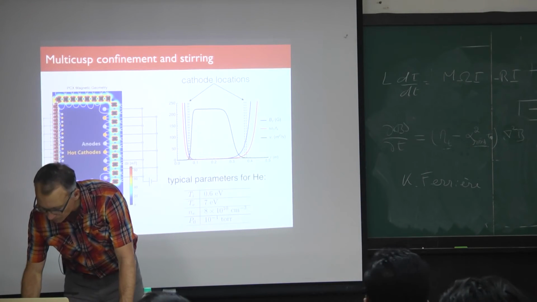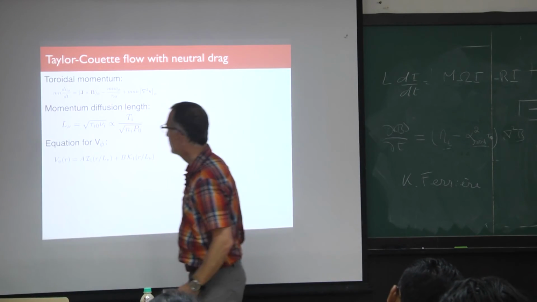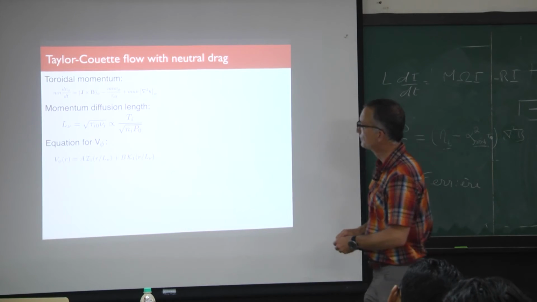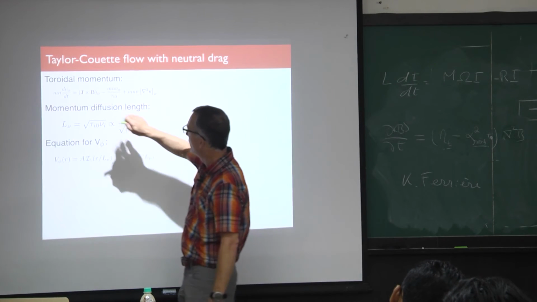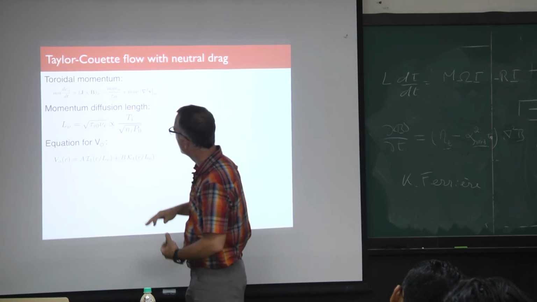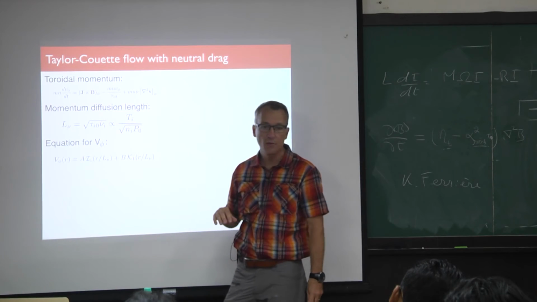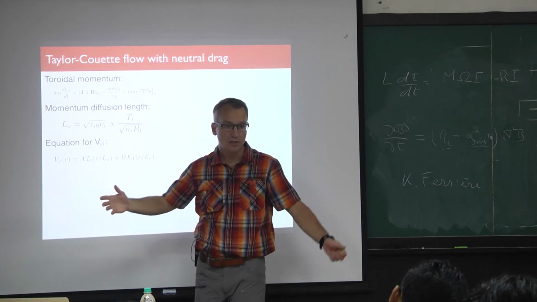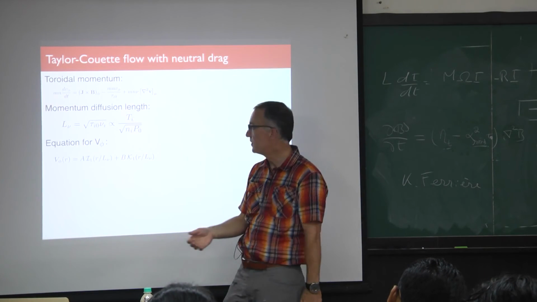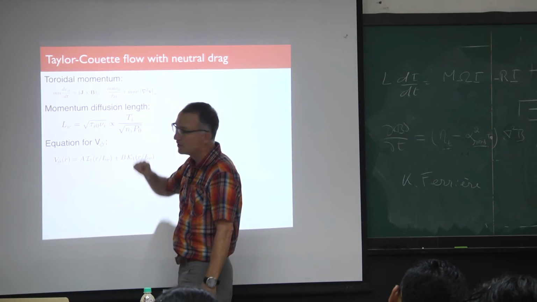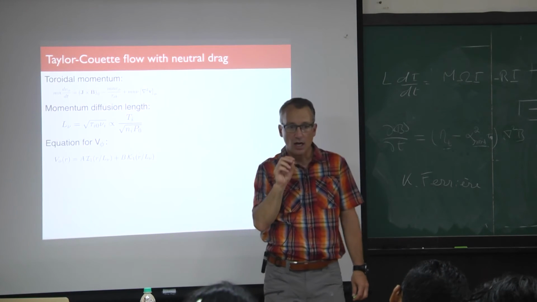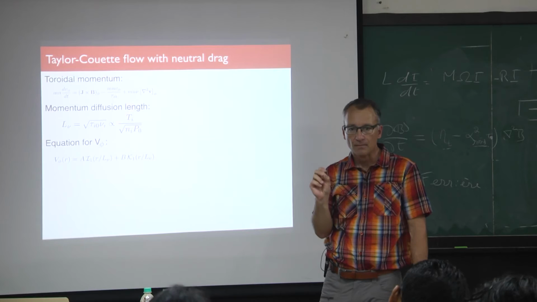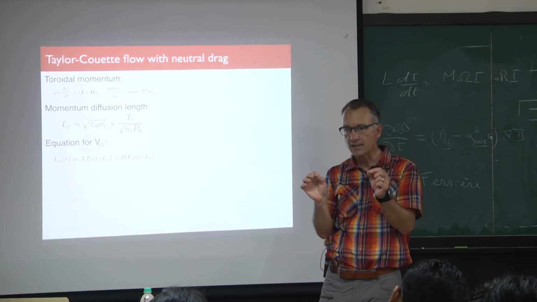And what this gives is a momentum equation which is a little bit more complex than the one that we started with. We still have the viscous term, which is causing the ion momentum to diffuse inward. But in addition, there's a term which is a momentum loss rate that comes about due to a process called charge exchange.